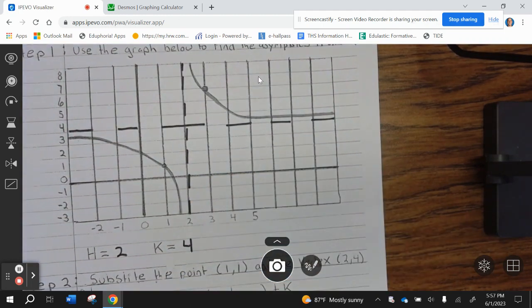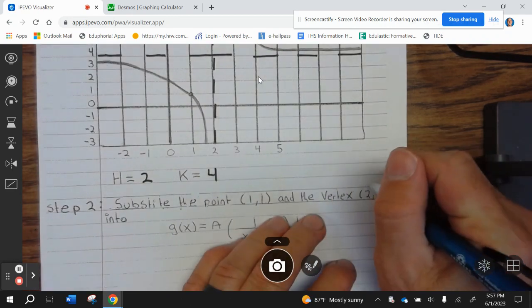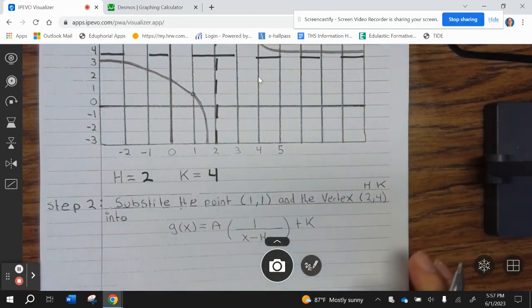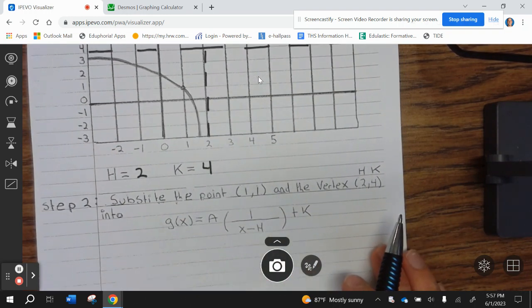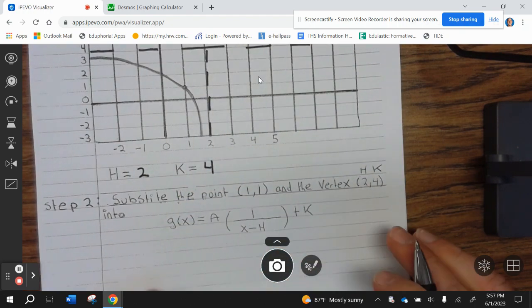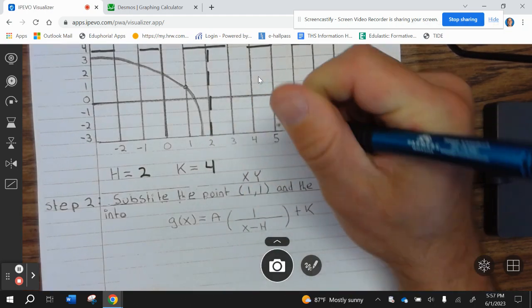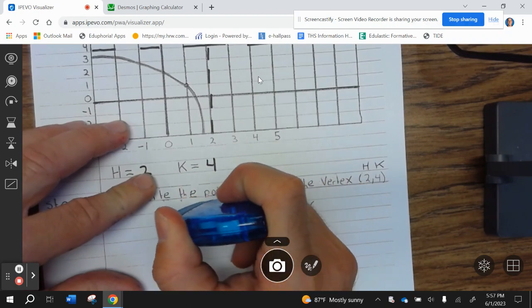So our vertex is 2, 4, which makes sense because the vertex is the h and k value. Okay, we have our point 1, 1. Now we're going to substitute these numbers into here. I'm going to call this x and y, and we're going to change g of x to y.